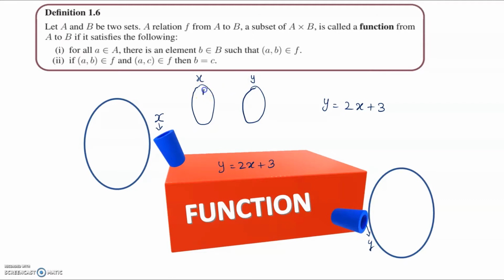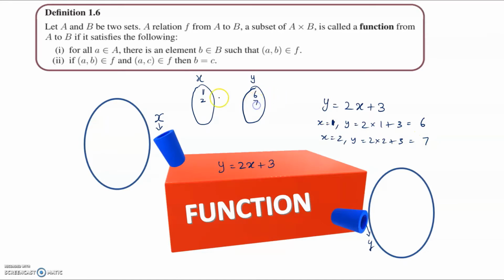When you put in 1, then if x is equal to 1, your y is equal to 2 times 1 plus 3, which will be equal to 5. And if you put x as 2, your y will be equal to 2 times 2 plus 3, that is 7.